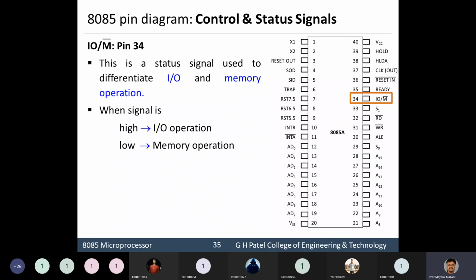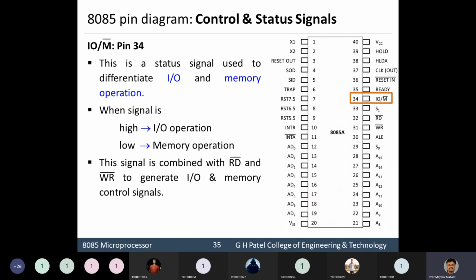And when pin number 34 is low, it is a memory operation. This signal is combined with read and write to generate IO and memory control signals. Whether you are going to read or write into the IO section or a memory section is defined by pin number 34 and 31 or 32.